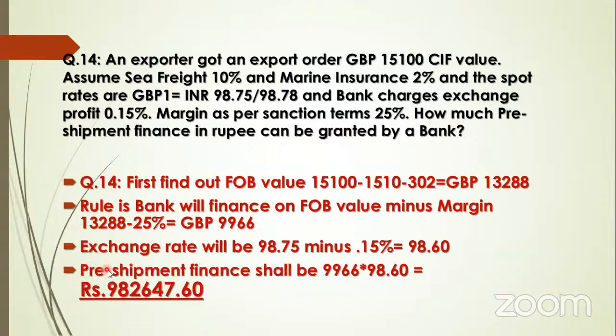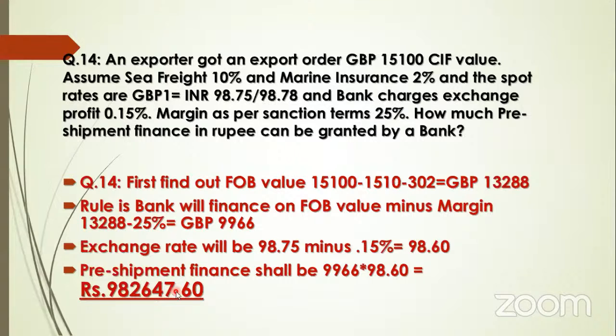Now if you multiply, pre-shipment finance shall be 9966 into 98.60, 9,82,647 is eligible. This they may give in the exam, but some people may have rounded it. The final answer may be 982,000 also, you click it; 960,600 also, you click it; the exact amount also you click it. Whichever answer is nearest to your answer, this is the maximum permissible finance, packing credit on this order, as you computed.